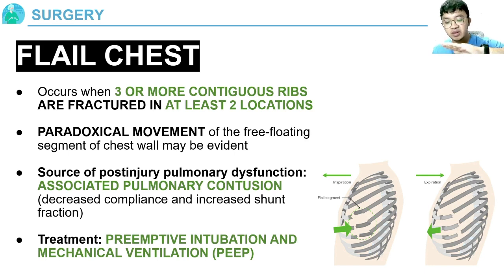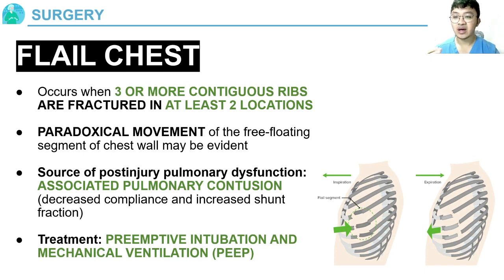And also, the most important part there is if there's paradoxical movement, if there's already an injury there, there's almost always a pulmonary contusion. It's a pulmonary contusion which actually predisposes the patient to respiratory distress because of a VQ mismatch, decreased compliance, increased shunt fraction. So again, in a flail chest, it's 3 ribs fractured in 2 or more locations. These are contiguous with an underlying pulmonary contusion. It's a pulmonary contusion which predisposes the patient to desaturation.